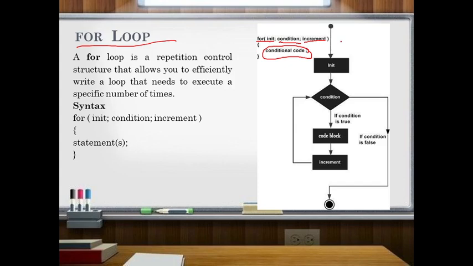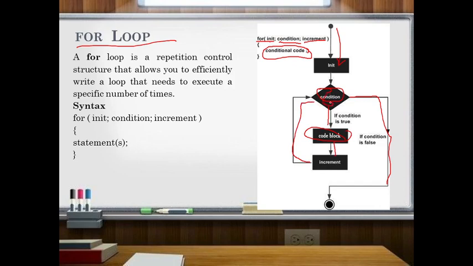What is the flow of the for loop? First initialization, and then it tests the condition. If the condition is true, the block of code is executed and it goes to the increment section, then goes back and tests the condition again.